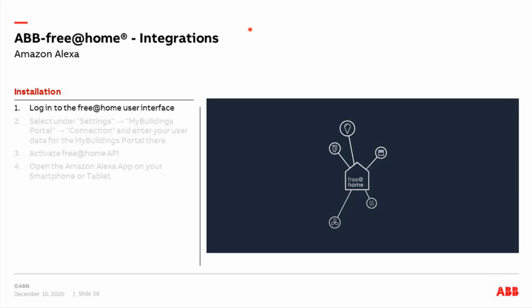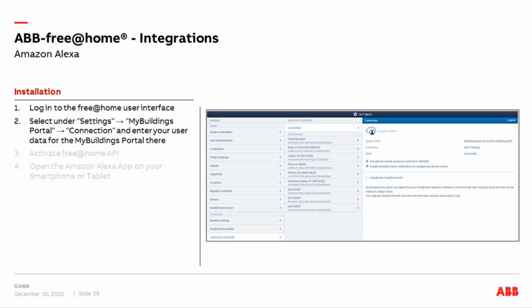So how does the installation look? First of all, again, we have to log into our free at home user interface, of course. We again navigate to the settings, to the connections, and now we have here one option which is called My Buildings, or here in my case, because I have a Busch-Jaeger version of the system access point, My Busch-Jaeger.